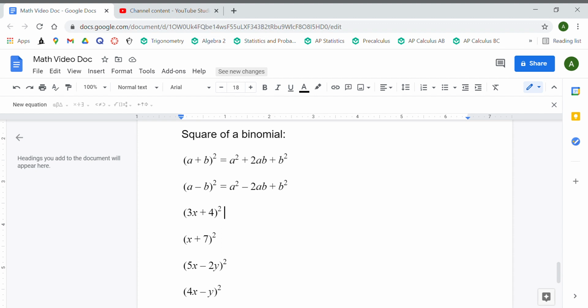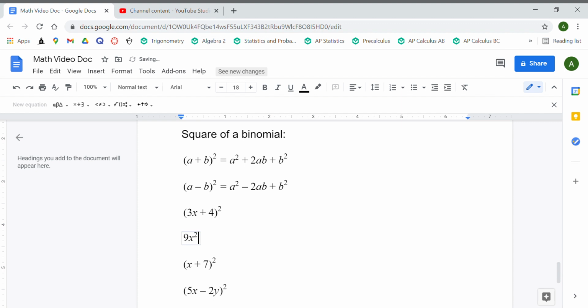So we have 3x plus 4 squared. The way we write this out is pretty simple. First thing we write out is the square of the first term. So 3x, square it, and we get 9x squared, because we have to square the coefficient too.